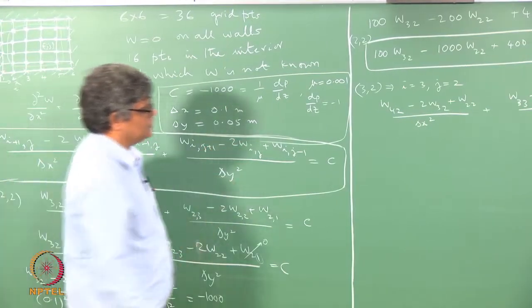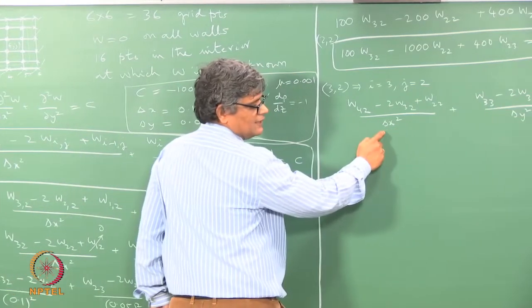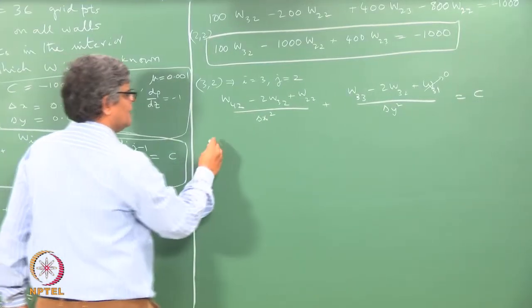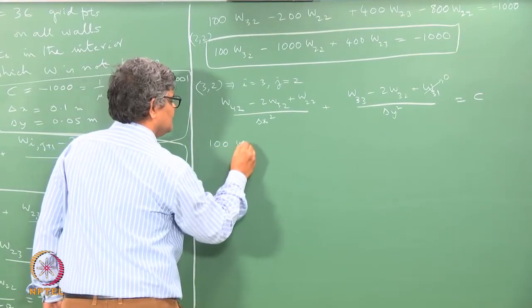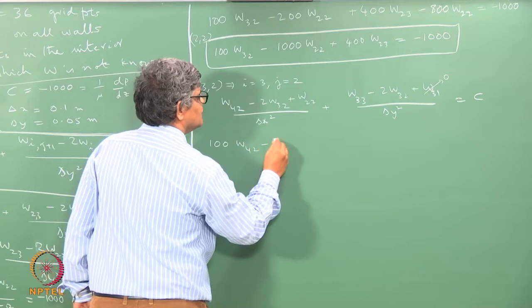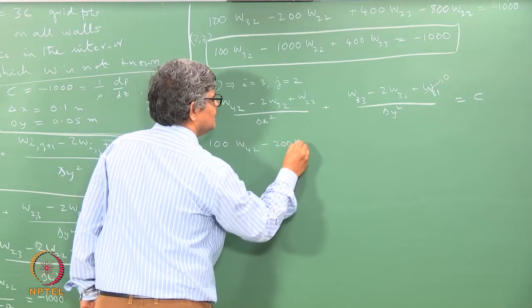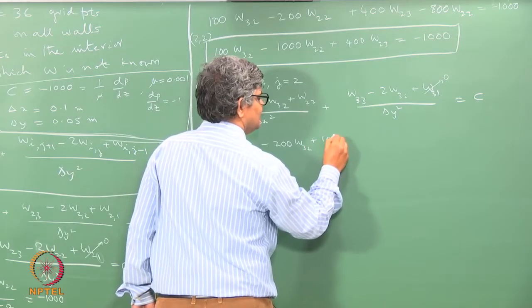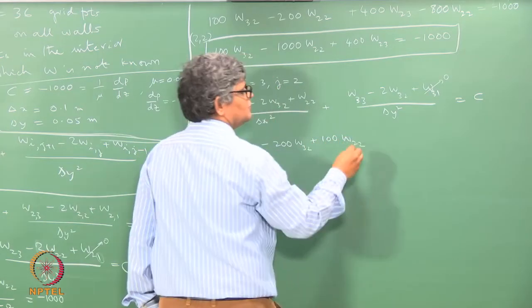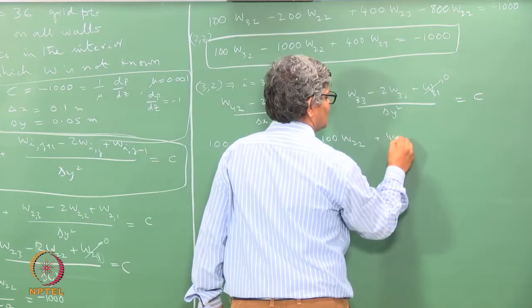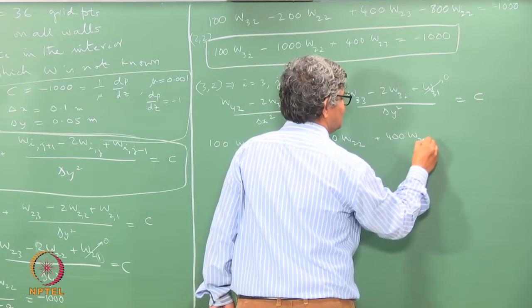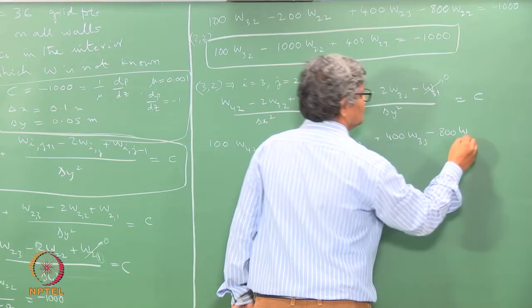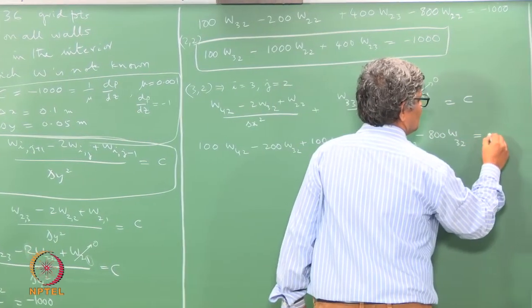And once you substitute that, delta x whole square is 0.01, so this is 100 W42 minus 200 W32 plus 100 W22 plus 400 W33 minus 800 W32 equal to minus 1000.